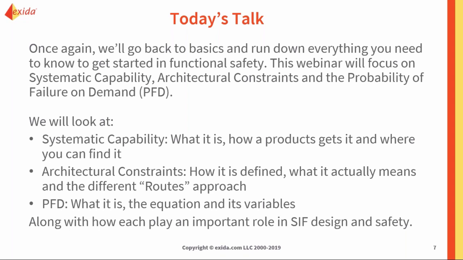We will take a deeper dive into each of those topics and look at how they play a function together as a whole. We're going to look specifically first at systematic capability. We're going to look at what it is, how a product gets a systematic capability, and where you can find this systematic capability.